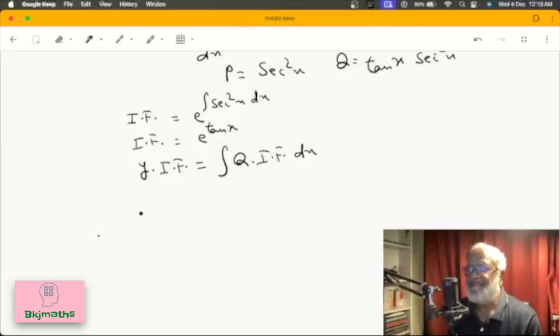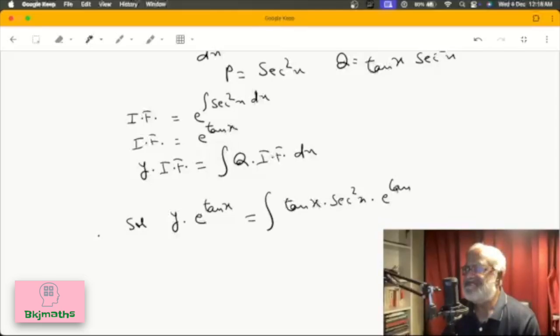So solution is y into integration factor e to the power tan x equals integration q, our q is tan x sec square x, tan x into sec square x into integration factor e to the power tan x dx. Now again a question of integration in the right hand side.